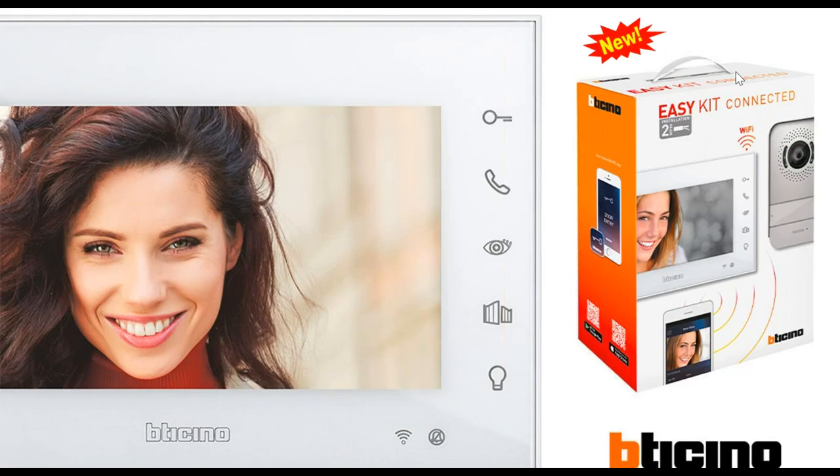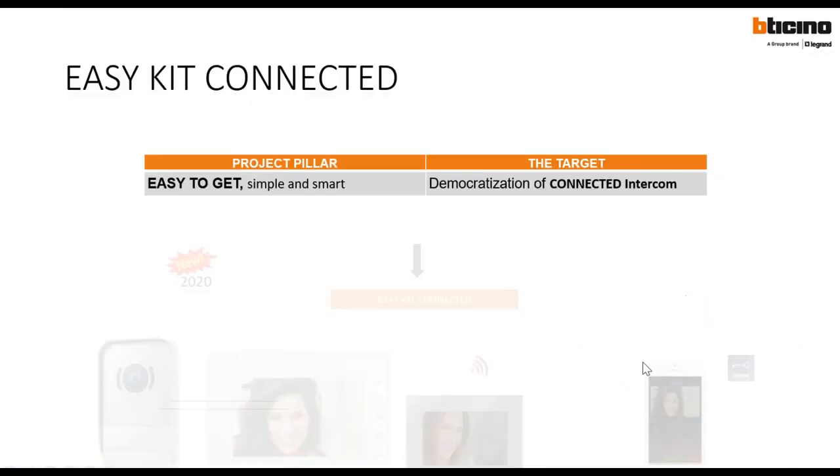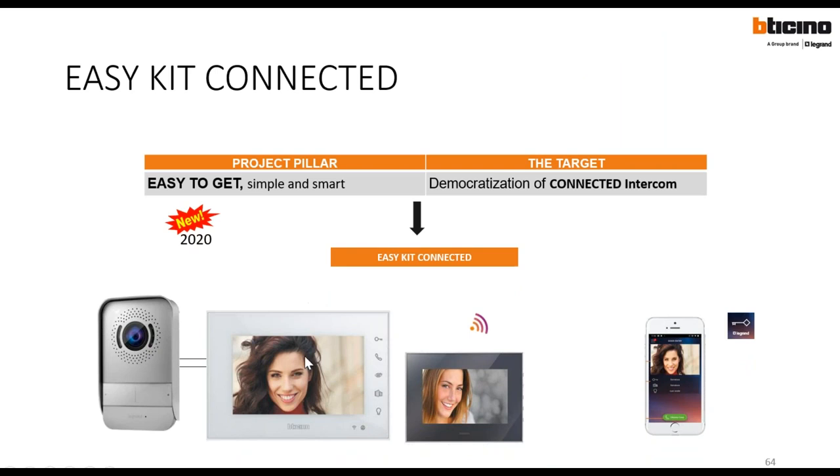It's a new kit with a 7-inch monitor and it's available in 2 colors, white or black, and it's connected. So now we have an offer for the single house that requires a connected solution. This is the cheapest entry-level solution that we have with the connection. So we have class 300X, class 100X, and now we have as well a kit.